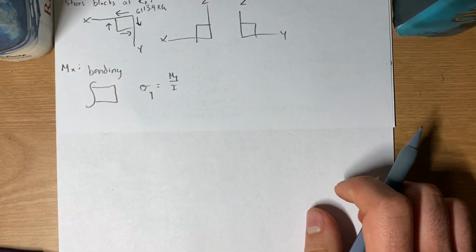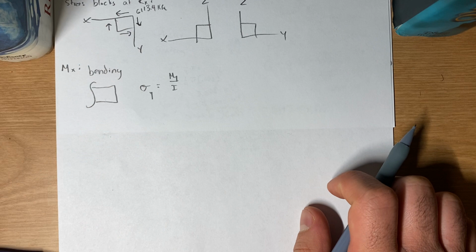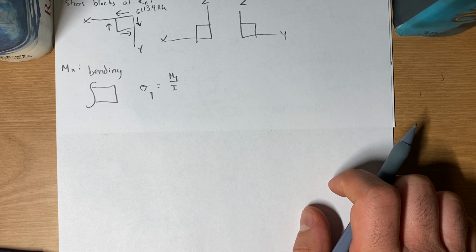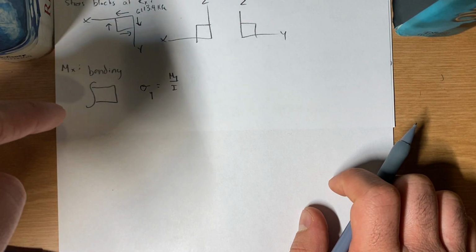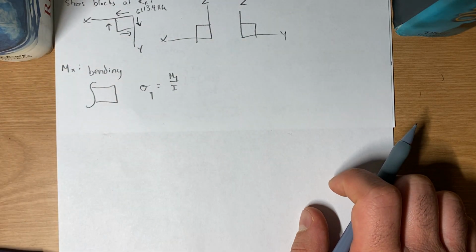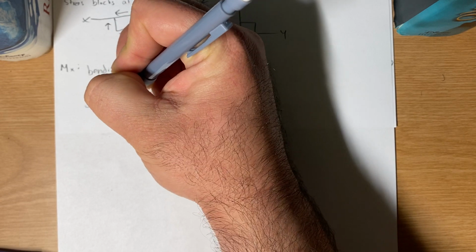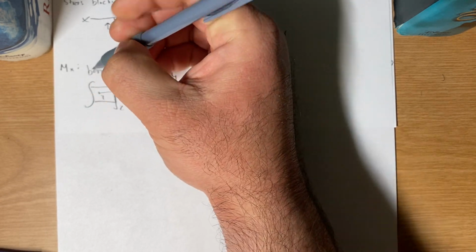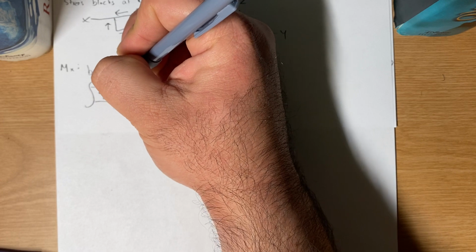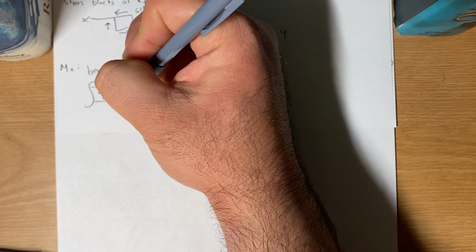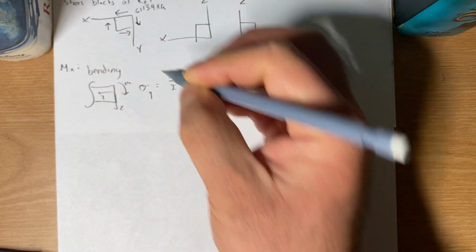I want my X to go into the page, so it's left me with my Y and here my Z. So if it's going into the page, my MX is gonna go this way.